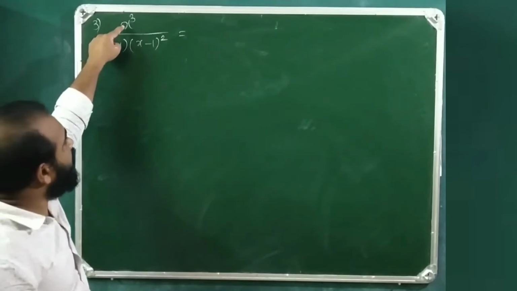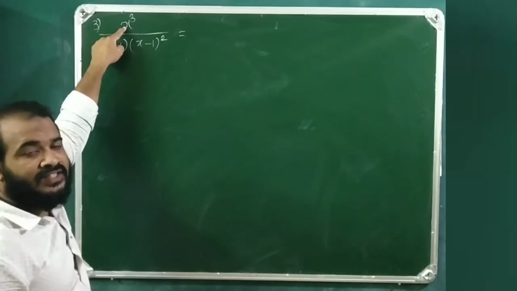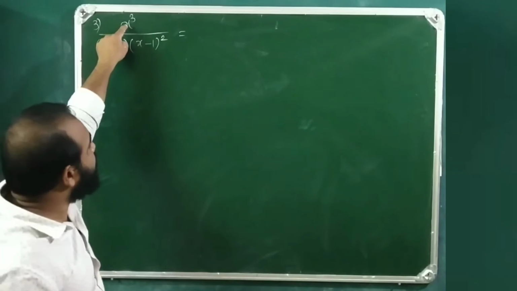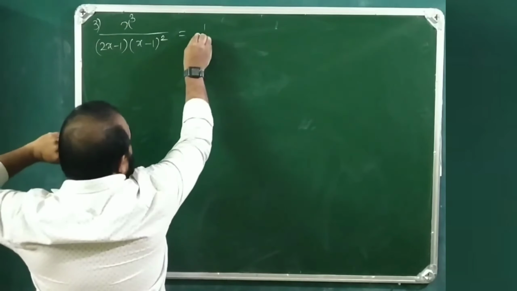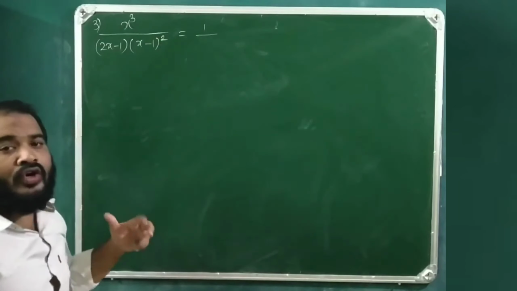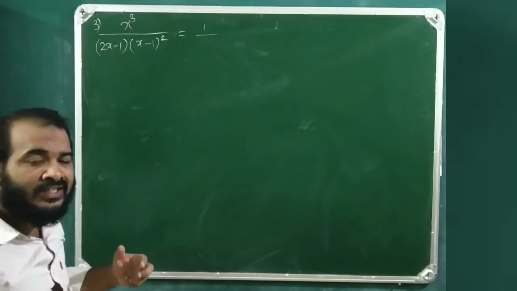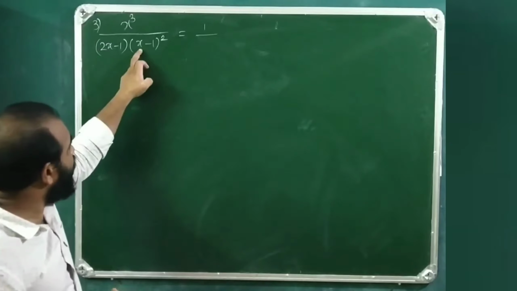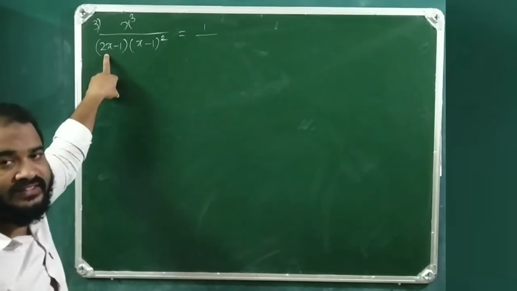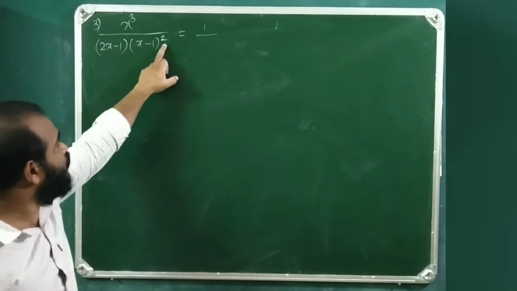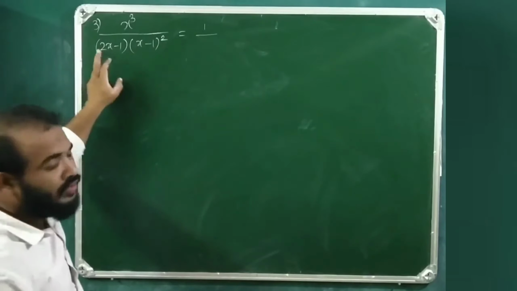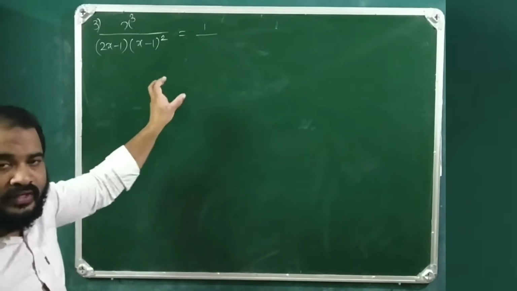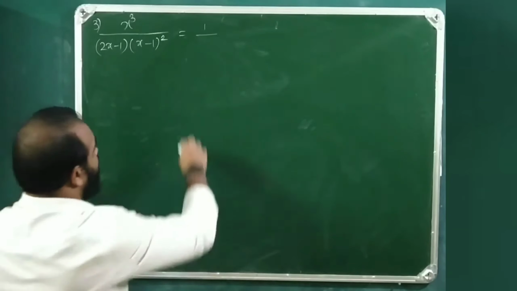The coefficient of the highest degree term in the numerator is x cube, so the quotient is 1 by the coefficient of the highest degree term in the denominator, 2x cube. So the quotient is 1 by 2 here.